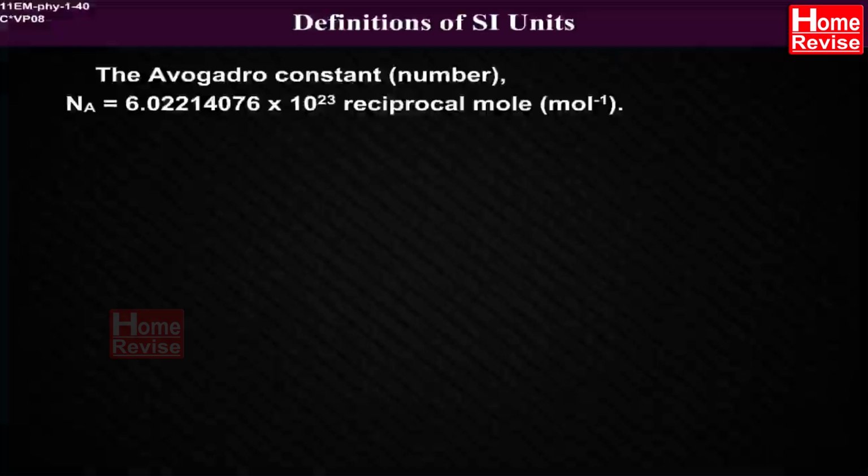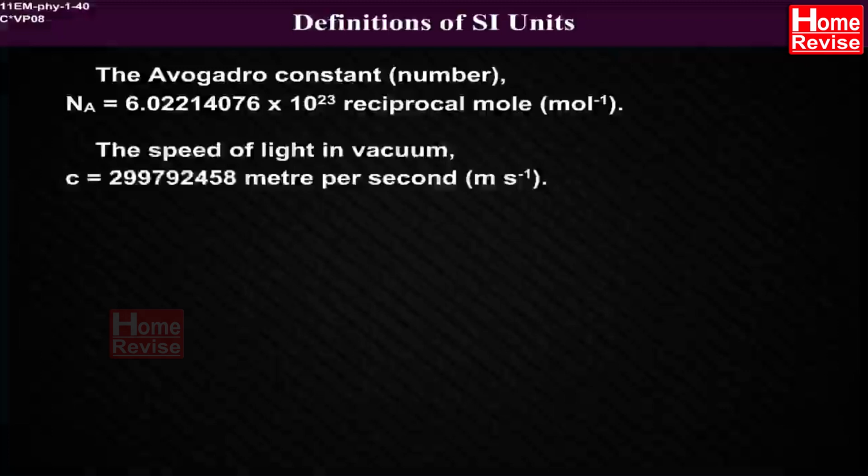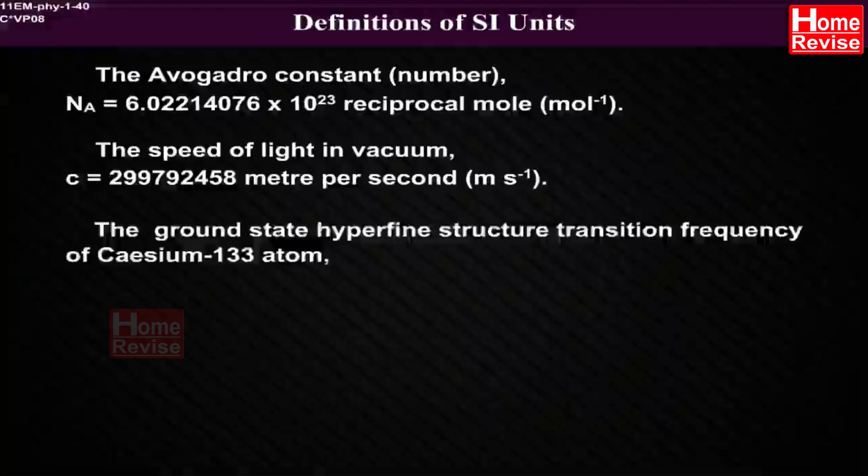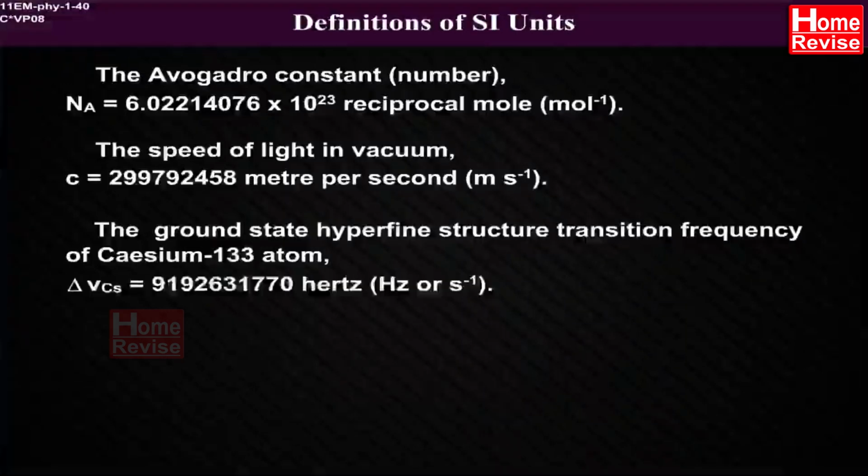The speed of light in vacuum c is equal to 299792458 meter per second. The ground state hyperfine structure transition frequency of Cs-133 atom, delta nu Cs, is equal to 9192631770 Hz or per second.